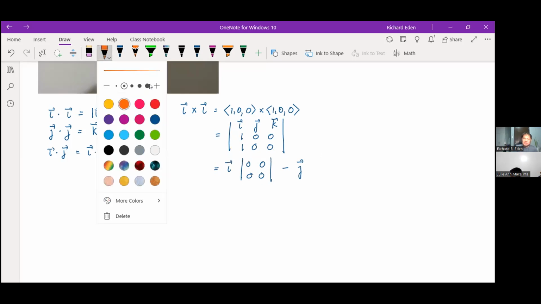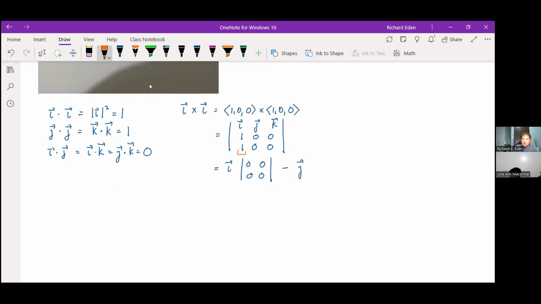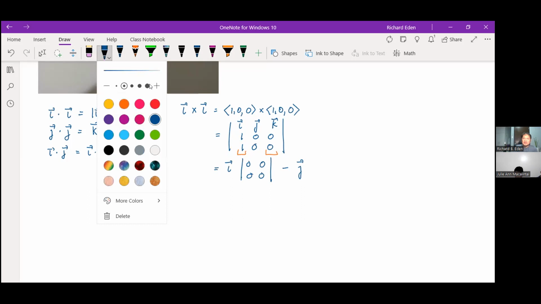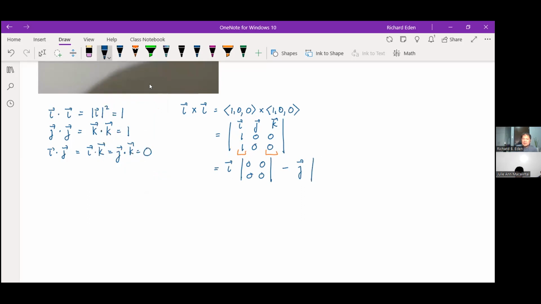So this time we're going to take columns 1 and 3, which is 1, 1, 0, 0. Then finally k, which is in column number 3. So we're going to take the determinant from columns 1 and 2 this time, which is 1, 0, 1, 0. What are each of these 3 determinants equal to?